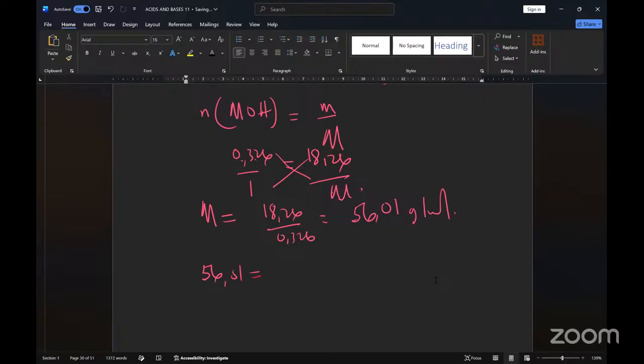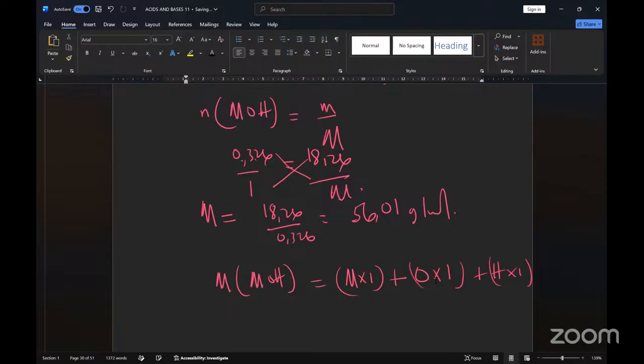56.01 is equal to, you know how we calculate molar mass. Let me do it again. If we're calculating molar mass, we say the molar mass of MOH is going to be equal to M times 1 plus oxygen times 1 plus hydrogen times 1.